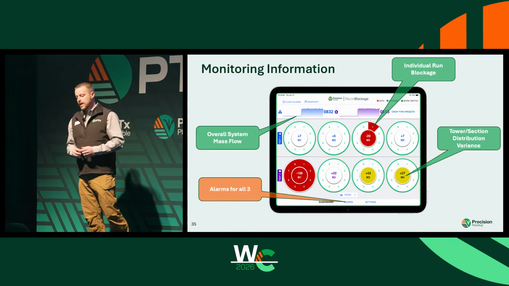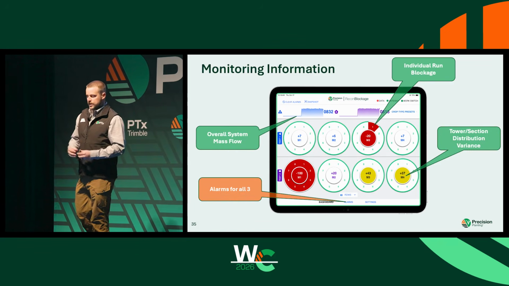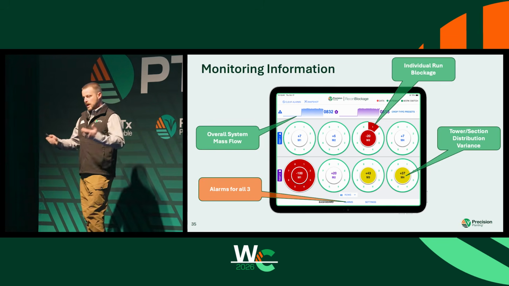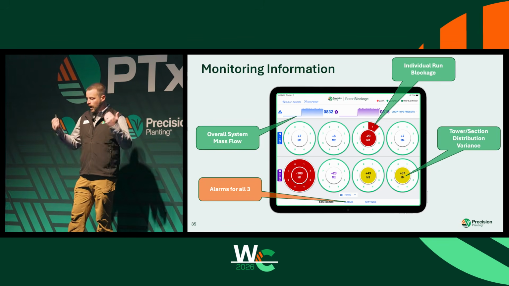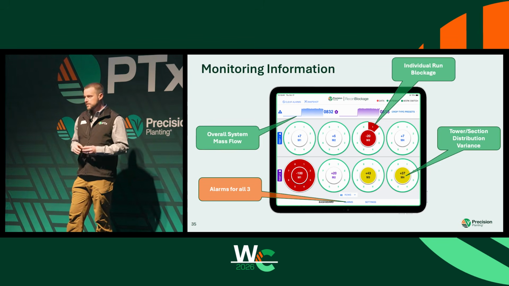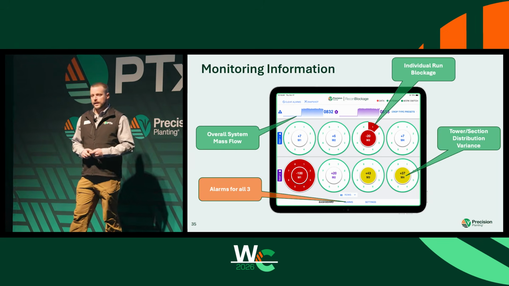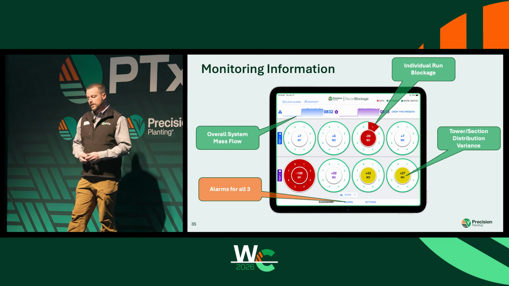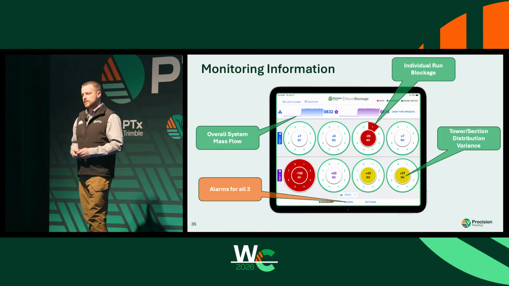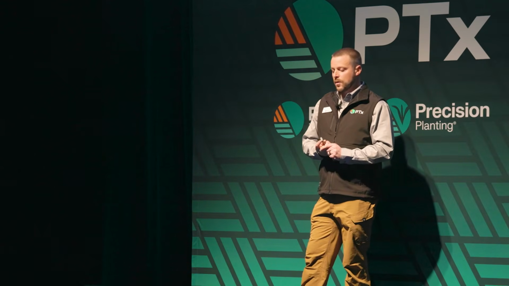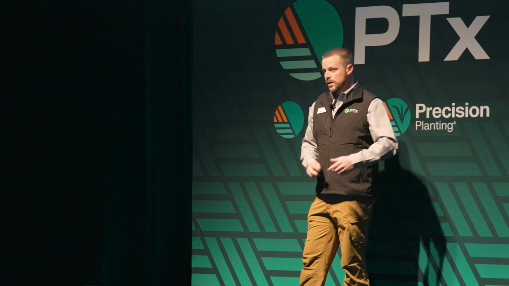So what does it look like in the iPad if I have an individual run blockage? That first example I showed. I'm going to get alarms. I'm going to get a red spot on that primary showing me that that run is blocked. If I've got a partial flow blockage, it's not going to show me row-by-row variability, but it's going to show me tower or section variance. A tower that's over applying or under applying, maybe due to meter setup or a partial blockage, as well as overall system mass flow.